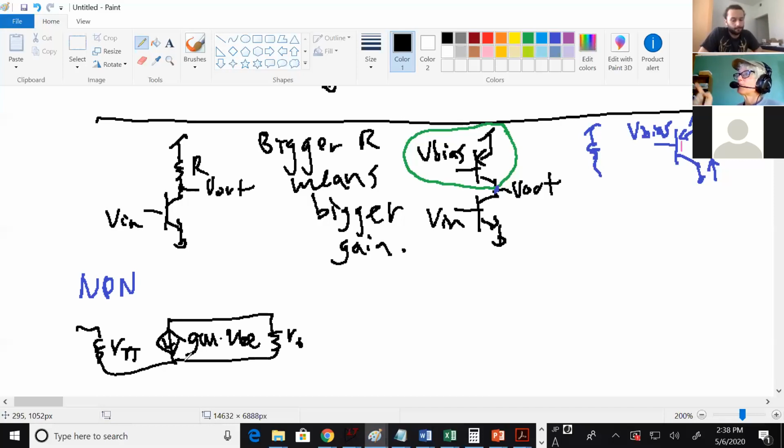If VB shows up in your equation... But in small signal analysis, we would ground that, so it'll never show up in the equation. So it doesn't matter what that V bias is. You're totally right. It doesn't change your small signal analysis.